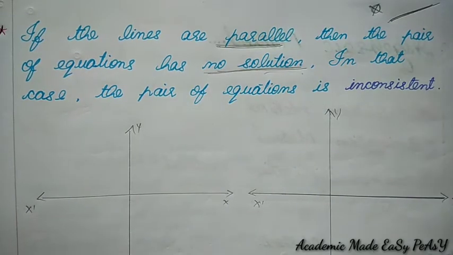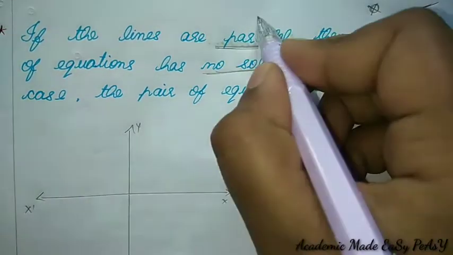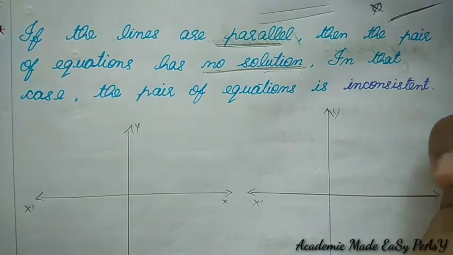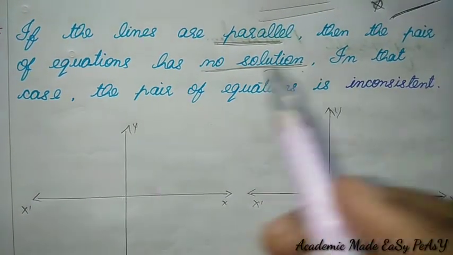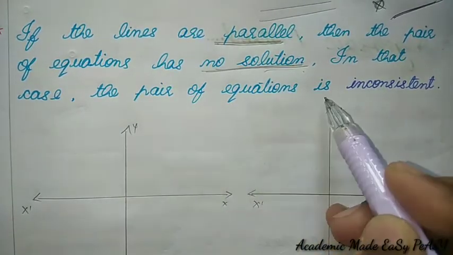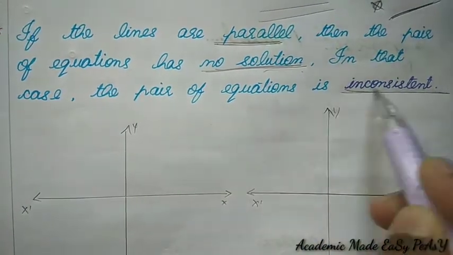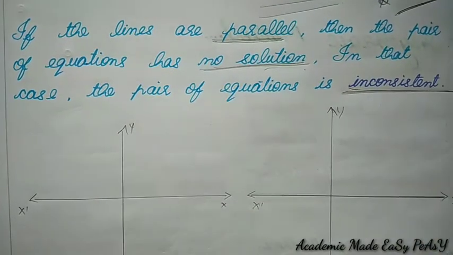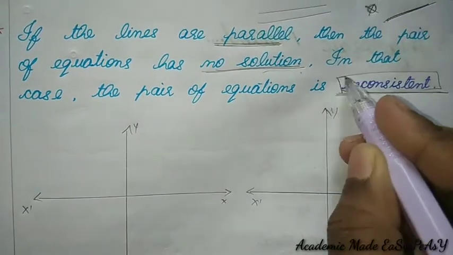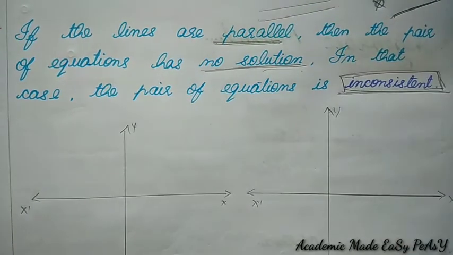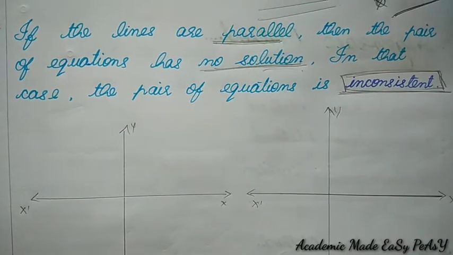So we have some solution. But for parallel, it doesn't meet at any point. So therefore, it has no solution. In that case, the pair of equations is inconsistent. It means it does not have any solution. These are the terms that should be used in order to conclude your answer.